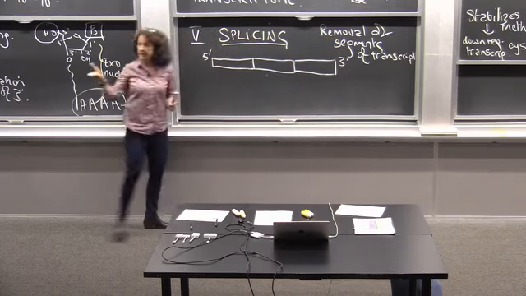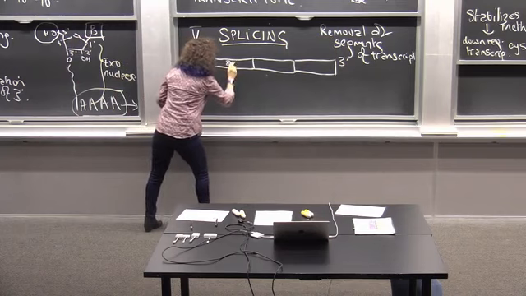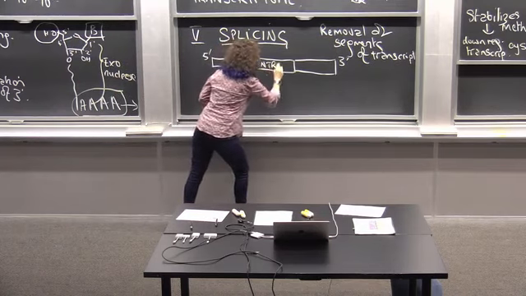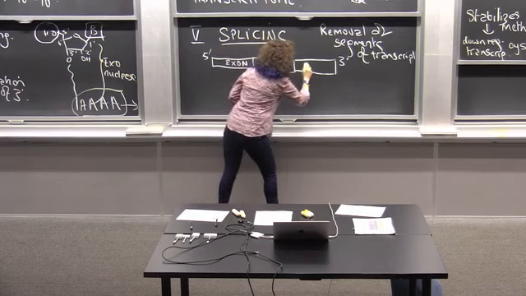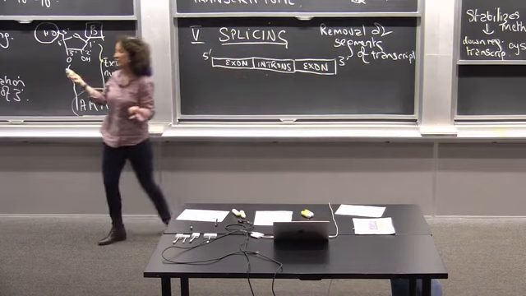And I'm going to name these, and then I'll explain to you what they are. These would be called exons. These would be called introns. And this is another exon. Outside, inside, that's the way to remember them.